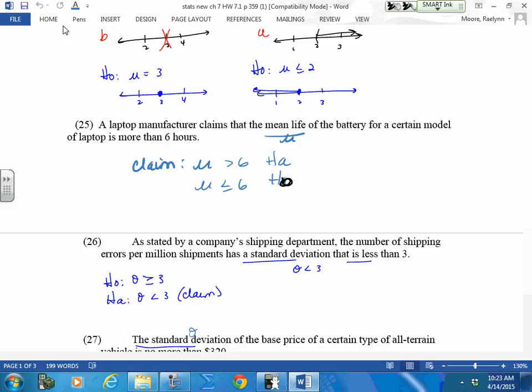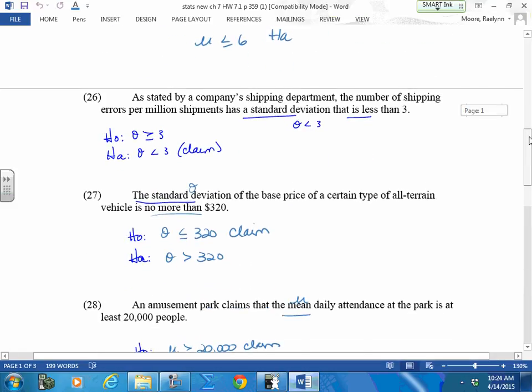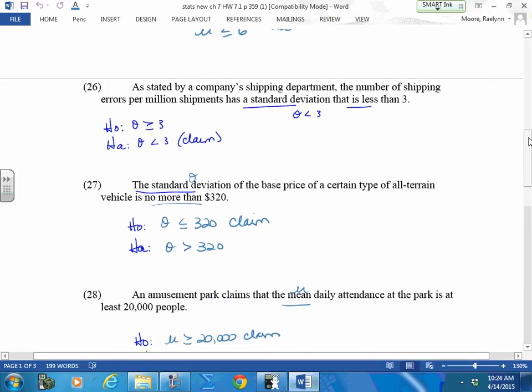So, another thing to watch is who is making this claim. Maybe a competitor would say, I think it's less than or equal to. It's going to say it the opposite way. So let's be careful with the way they state things. Again, whatever they give you is the claim. A company's shipping department has errors per million shipments with a standard deviation less than 3.